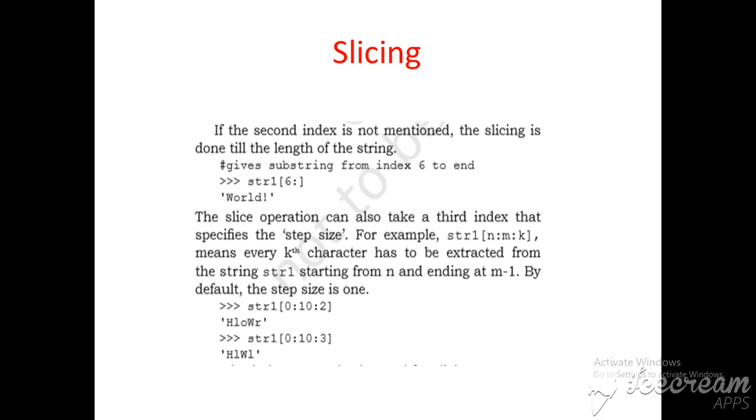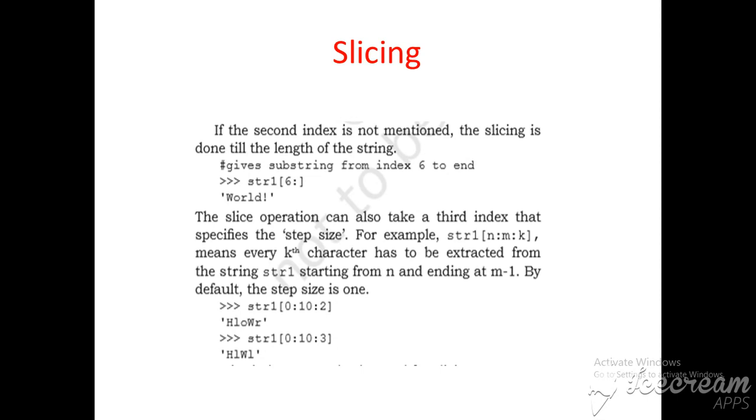Then we can also specify the step value. For example, str1[n:m:k], where k is the step value. Step means the increment. For example, str1[0:10:2] starts from 0 and moves up to 9, taking each step: first 0, then 2, then 4, then 6, like that.